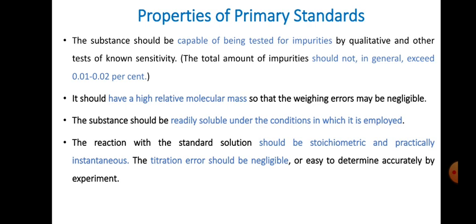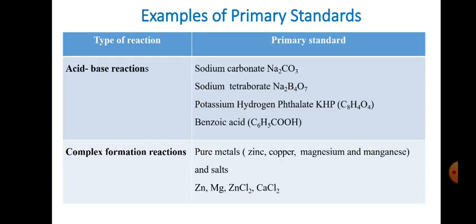So we should see that the substance we are using is soluble, and that it shows a stoichiometric and practically instantaneous reaction with the substance under investigation. These are the ideal properties of primary standards. Only those substances which fulfill all these properties can be considered primary standards, and since only certain substances fulfill these criteria, we have a limited number of primary standards.